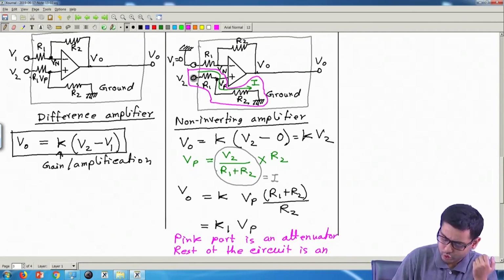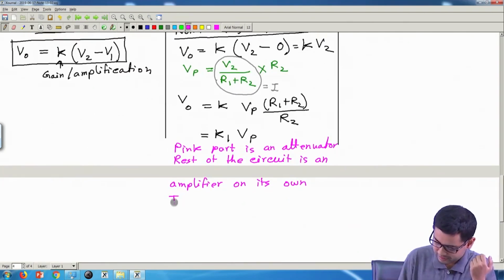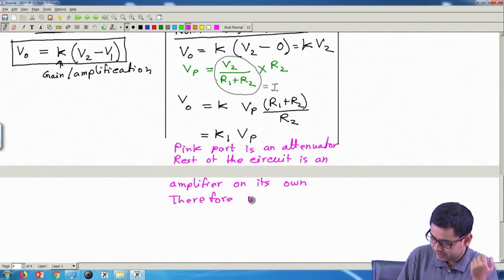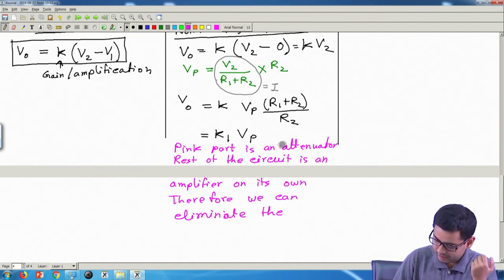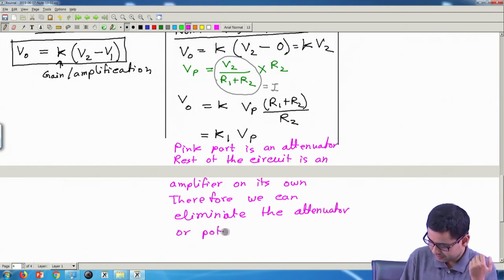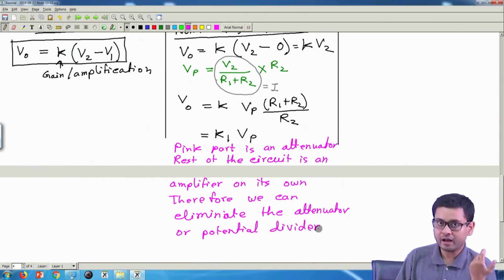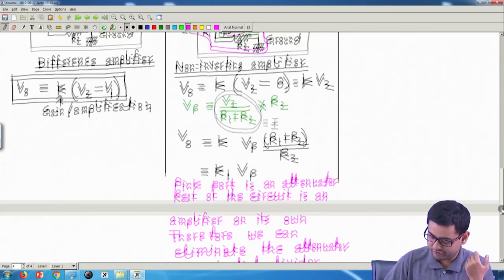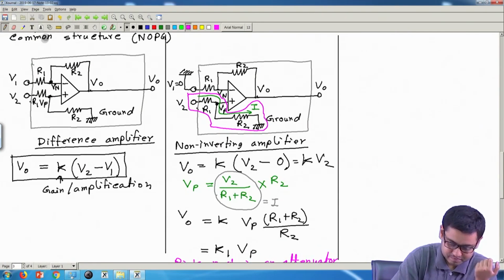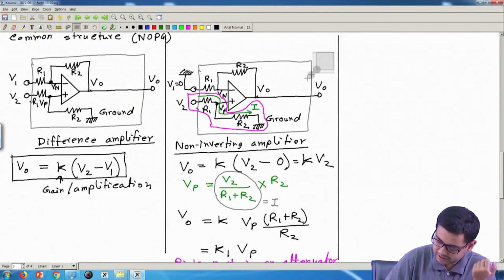So what we can do, we can eliminate this part, this attenuator or potential divider, and it will still be an amplifier because the rest of the circuit will do the amplification. So what we do is this. Let me copy it.